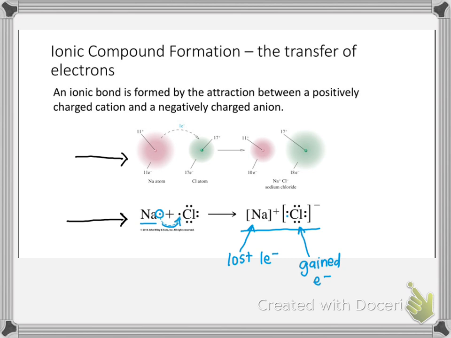That's the octet. So I have asked before, on extra credit especially, to use Lewis dot structures. That's what we're doing here. Use Lewis dot structures to show the transfer of an electron.